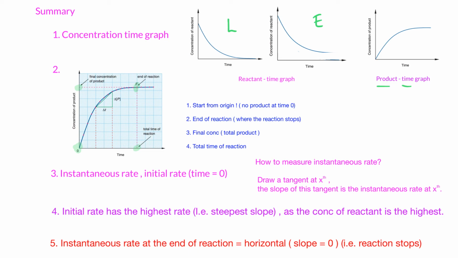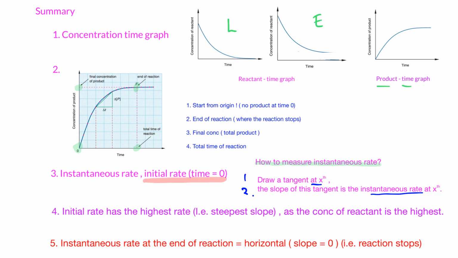For the instantaneous rate, you have to know how to describe how to measure it. There are 2 points. One, draw a tangent at that time. Second, the slope of the tangent will equal the instantaneous rate. And the second term we have learned, which is very important, is the initial rate.